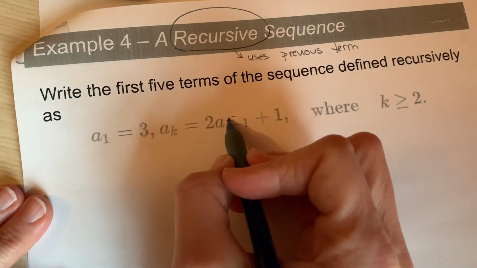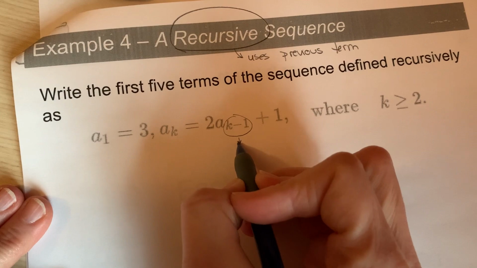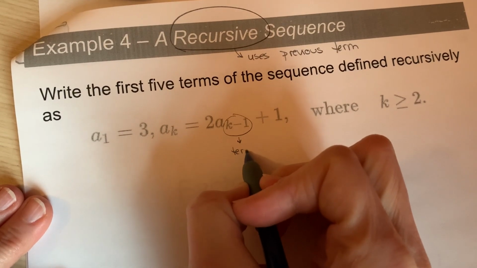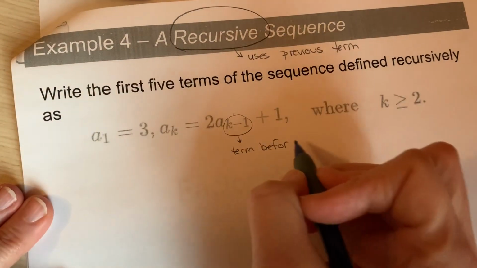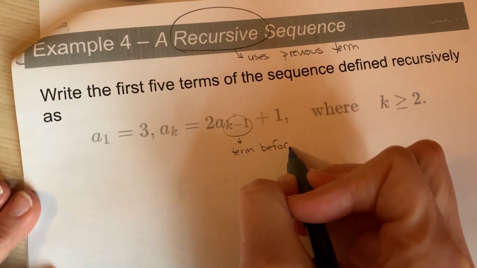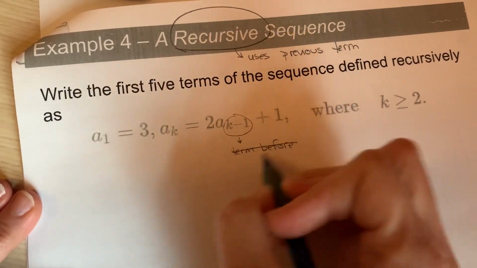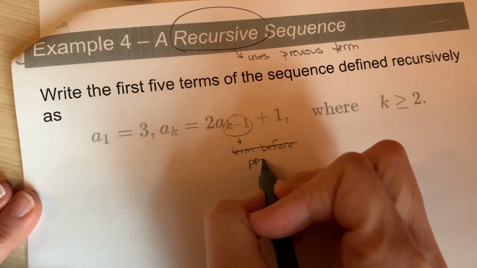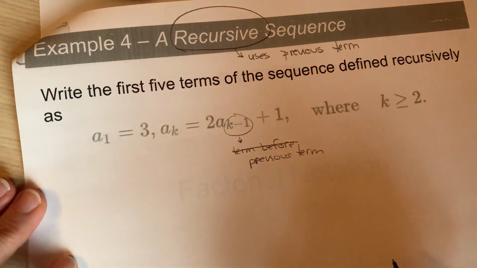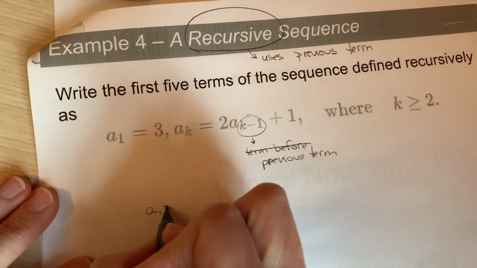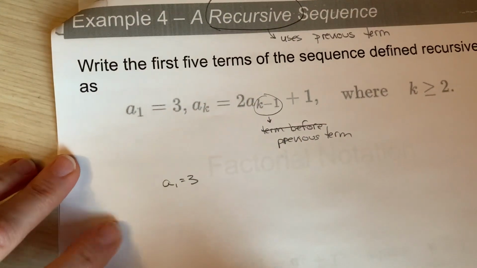And see this? K minus 1, that means the term before. So we're going to use the term before, or maybe a better way to say it is previous term. So a sub 1 is 3.